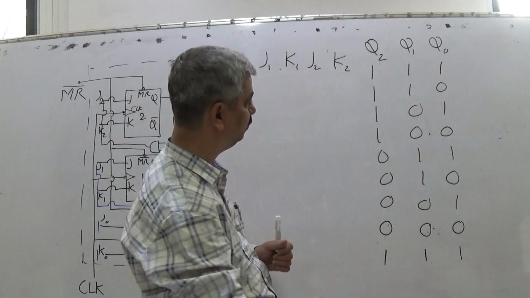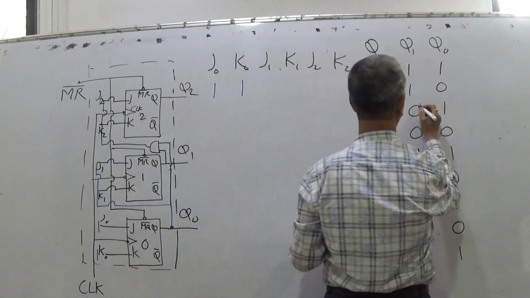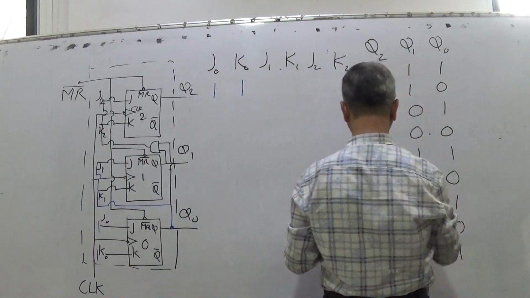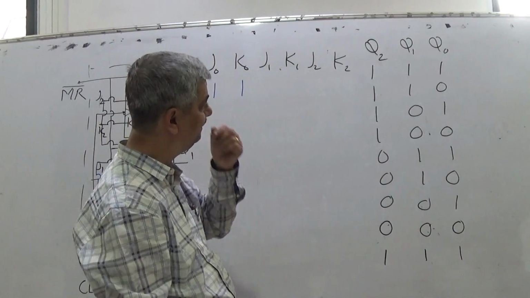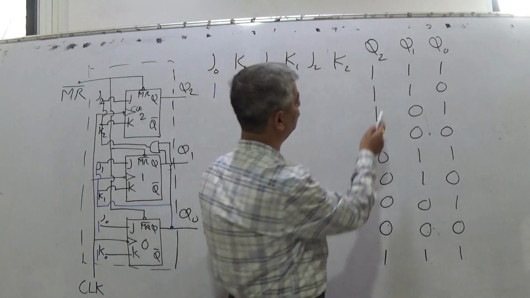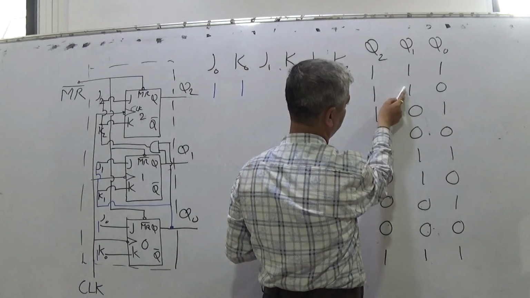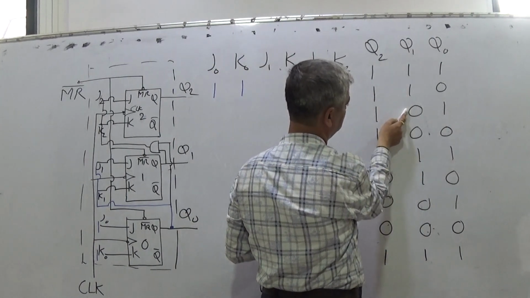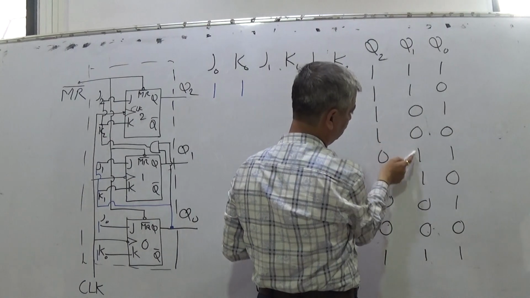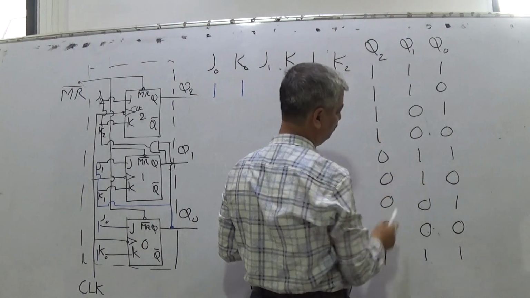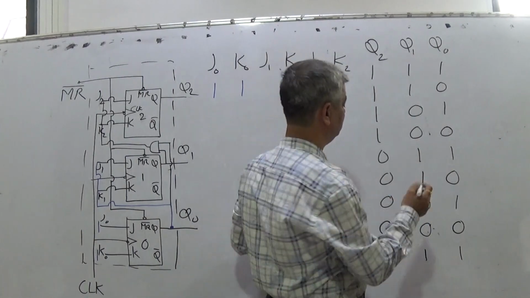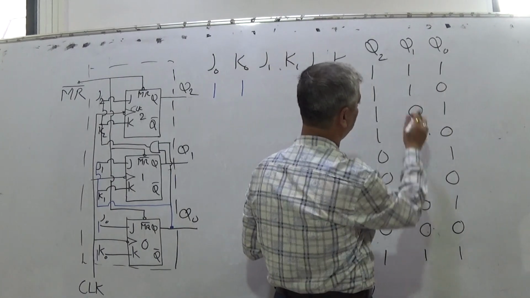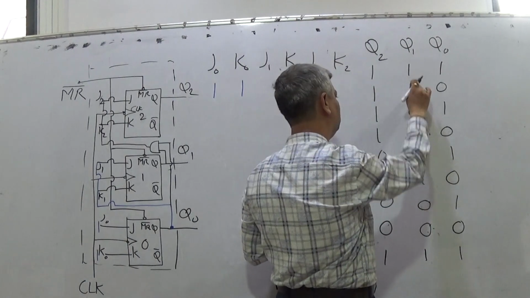Then next, you look at Q1. At Q1, what do we find? Q1 continues, then toggles, continues, toggles, continues. So you look at the change in Q1 or maintaining of the last state.